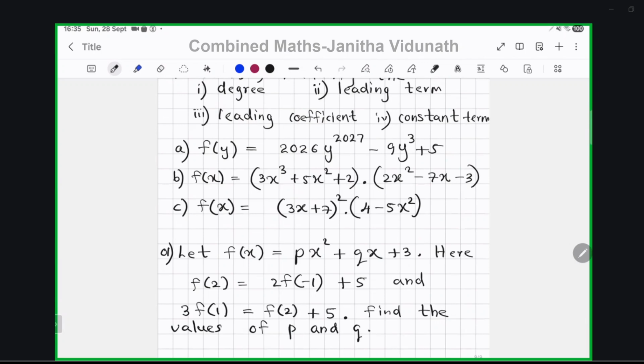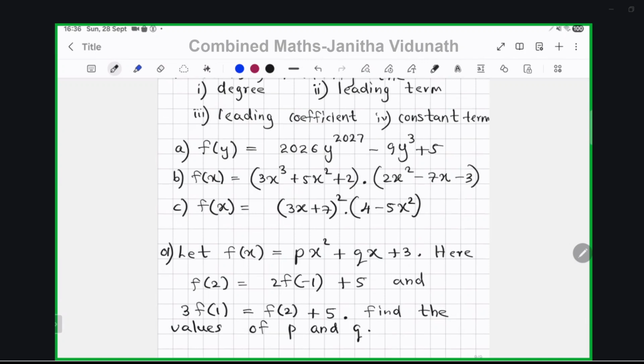The whole question you can answer based on your O-level knowledge. Here the function is px squared plus qx plus 3. They are given that f(2) is equal to 2 times f(minus 1) plus 5 and 3 times f(1) is equal to f(2) plus 5.